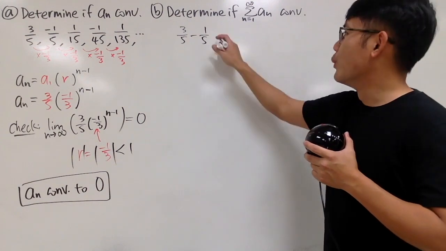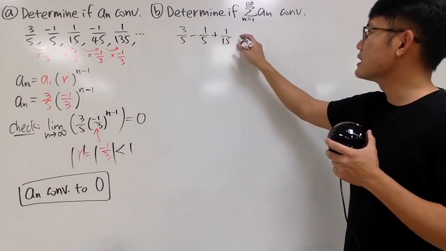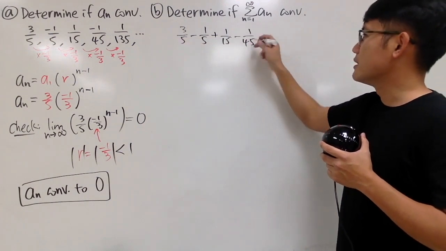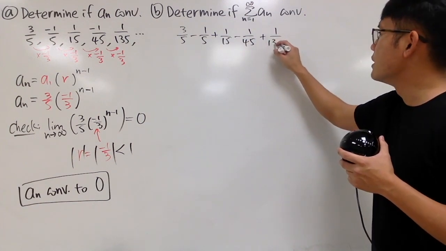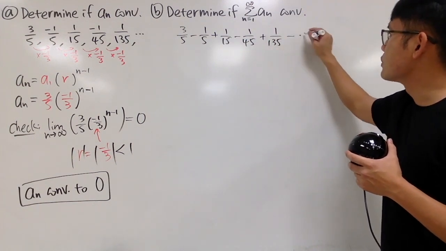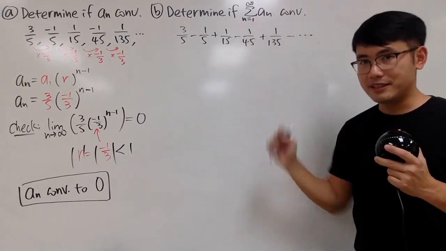And then we continue. We add positive 1/15, and then we subtract 1/45, because it's a plus the negative number, and then we add 1/135 and minus, and so on, and so on. This is what this means.